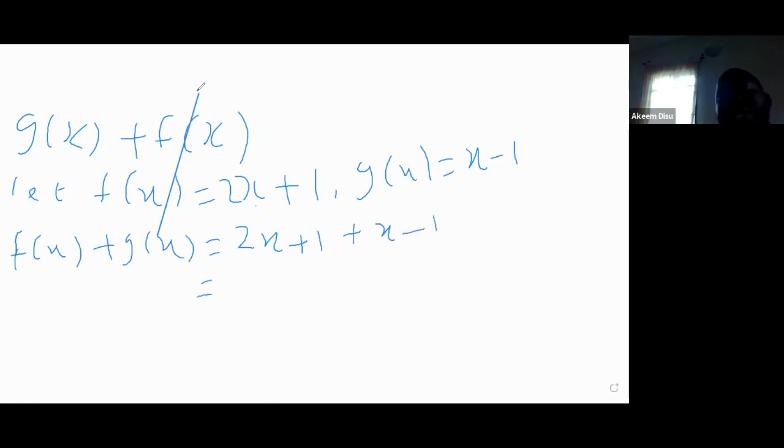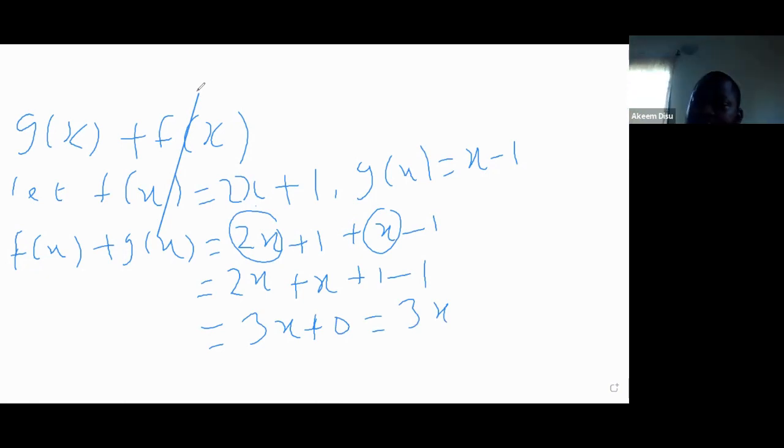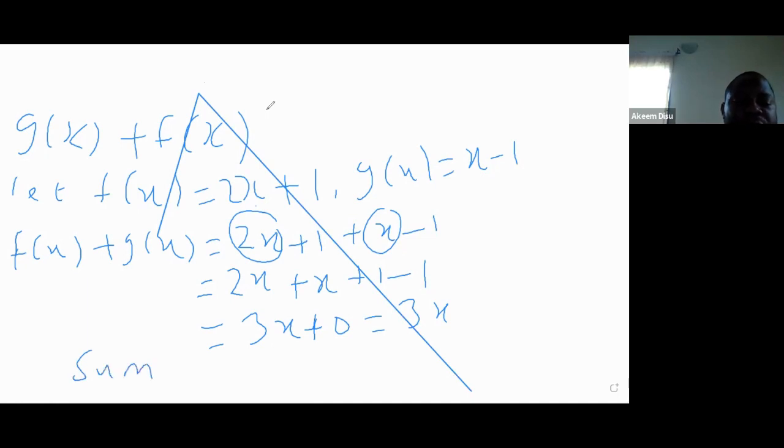Then you collect like terms: 2x plus x gives us 3x, and plus 1 minus 1 is 0. So the new function is 3x. We call this the sum of functions.